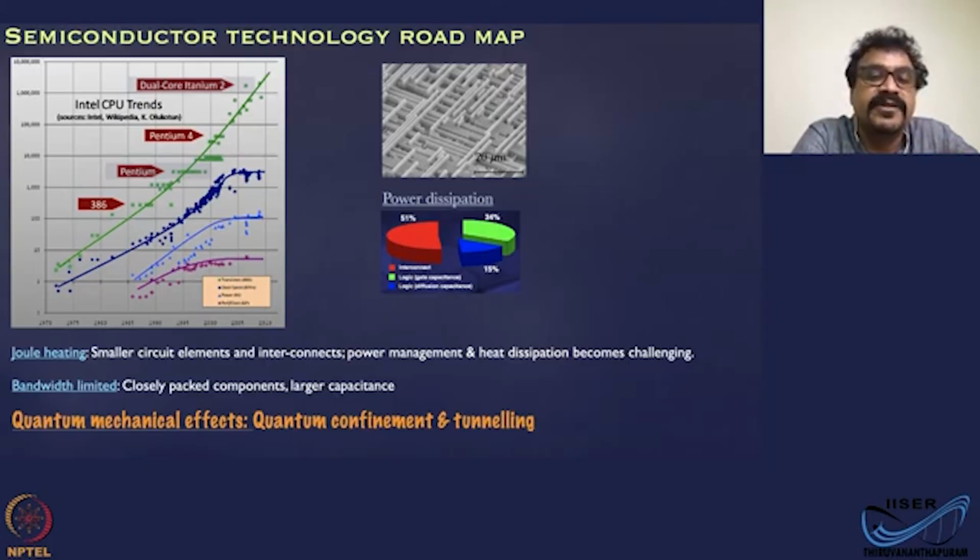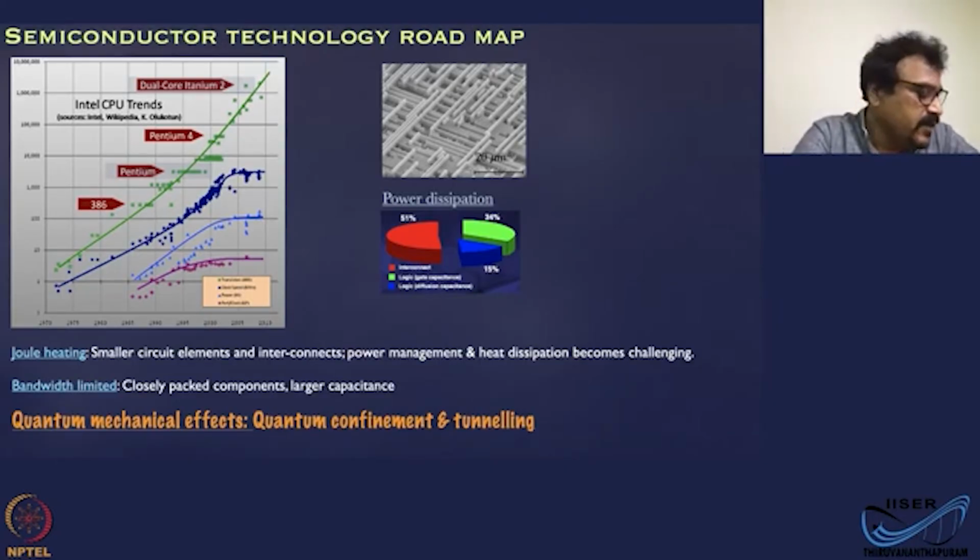Both of those will contribute, effectively providing a limit to the RC, or the time constant. Resistance and capacitance give the time constant of the circuit, and beyond a certain density you cannot go further in clock speed. The clock speed has been capped at a few gigahertz, and that is still going on, but you overcome that limitation by increasing the number of cores. That is what you do now. You have CPUs with more and more cores.